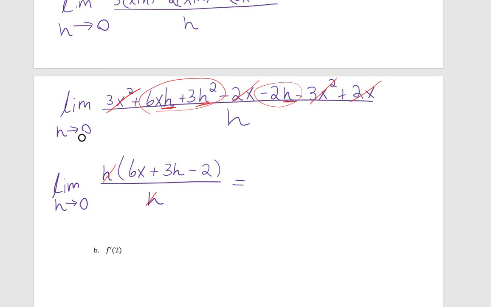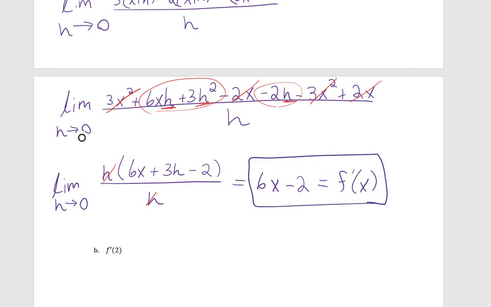So what I'm left with is the limit as h approaches 0. Now, when h goes to 0, I can just plug that in. So if I plug that in, I'm going to be left with a 6x. This is going to become 0, because 3 times 0 is 0, minus 2, which gives me my derivative. Awesome.